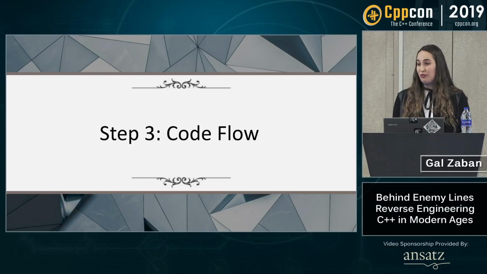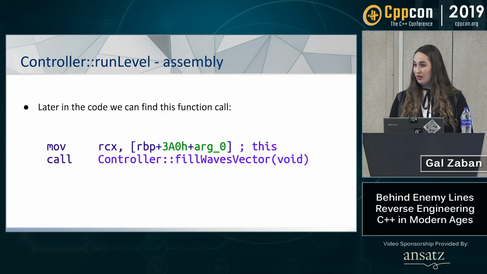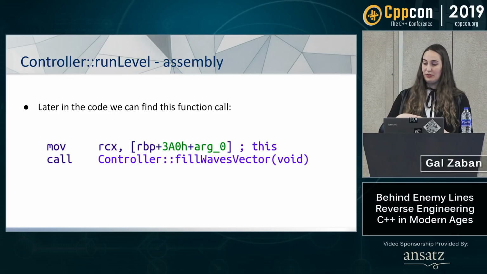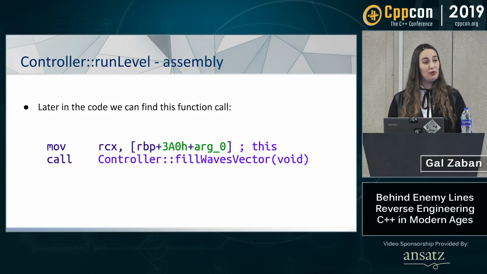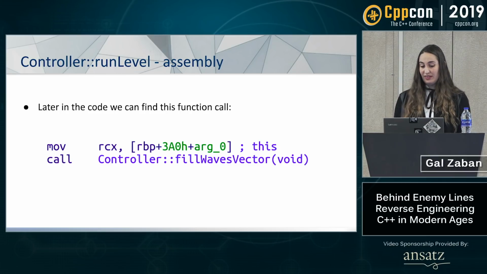Okay. Code flow. So what we're going to do now is look at the code of the controller run level, come back to what we saw, and come back to the function and understand what happens there, because this is the function we understood so far that is the important one. So first, after the Spaceship shared pointer, I saw that there is a call to fill waves vector.